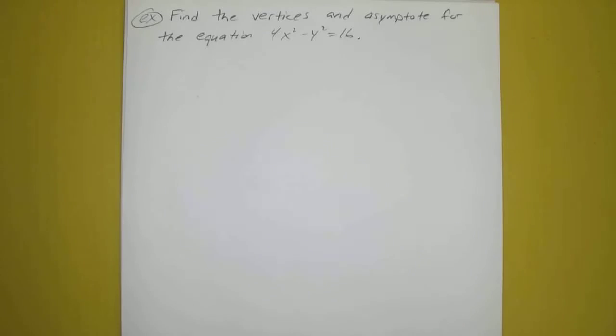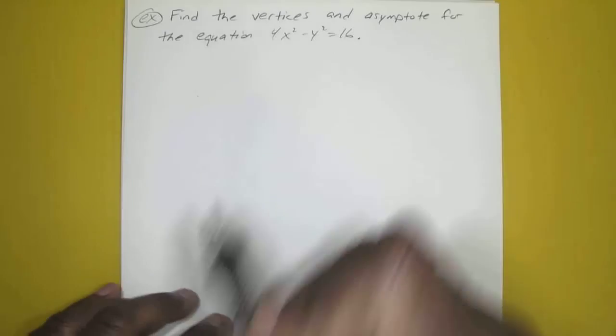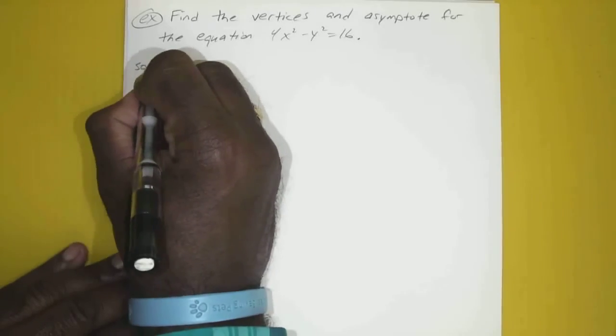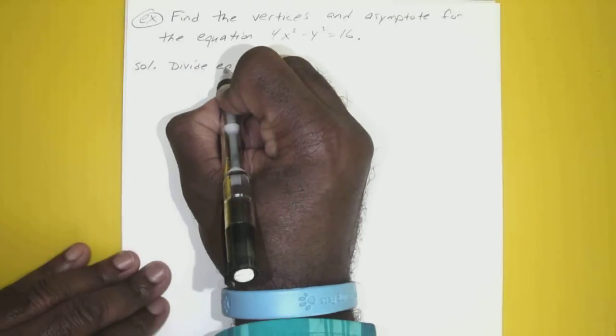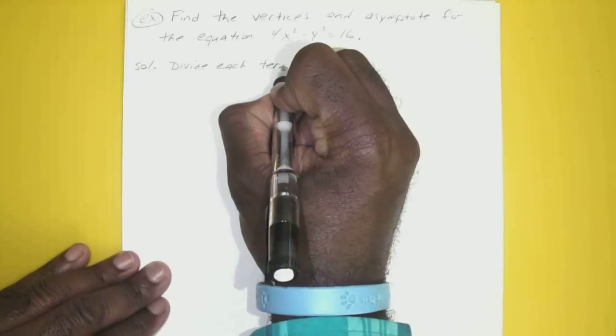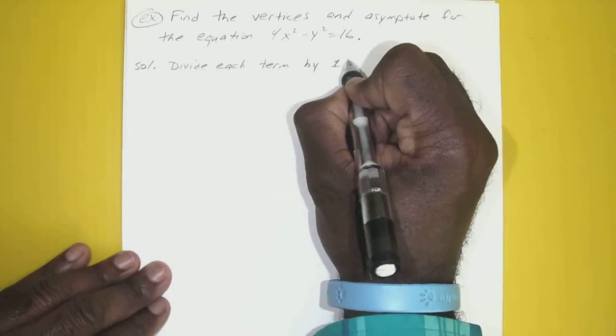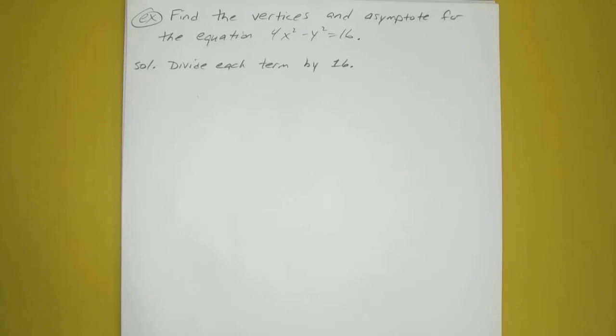Okay. Remember, hyperbolas are always equal to 1. So the first thing you want to do with this one is divide each term by 16.